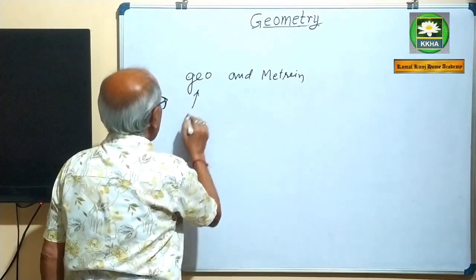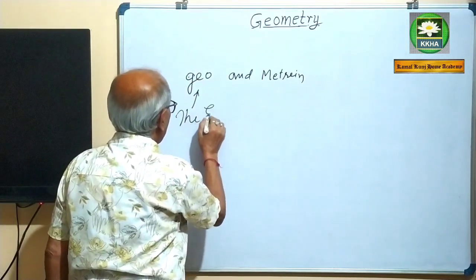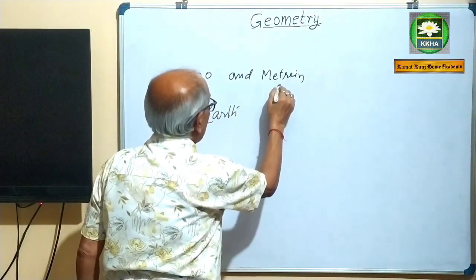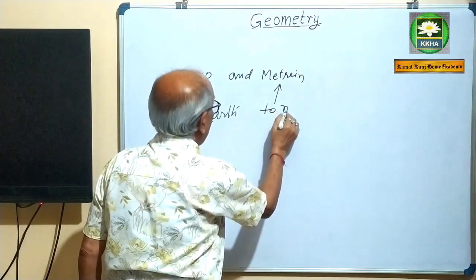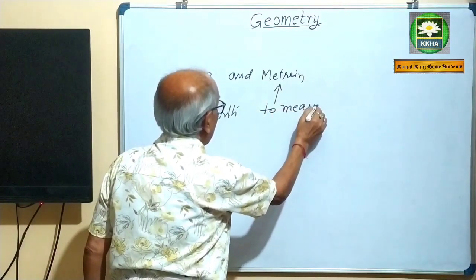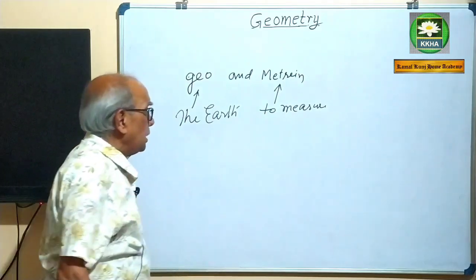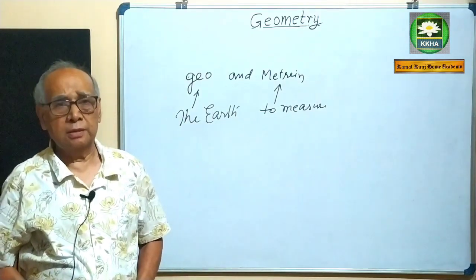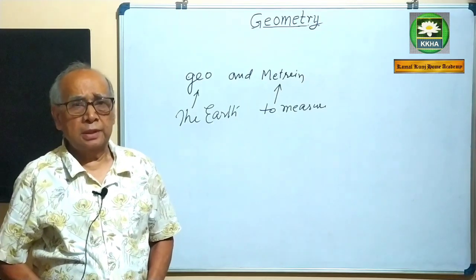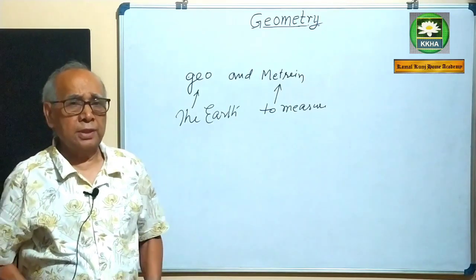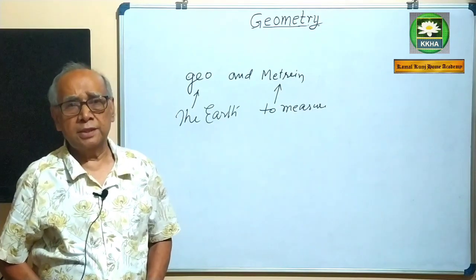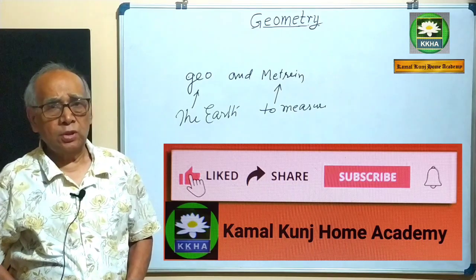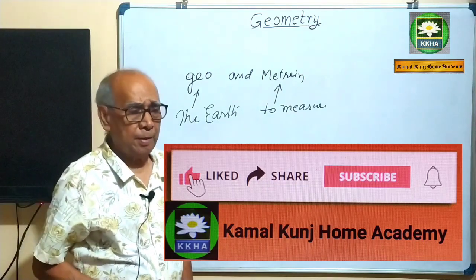Geo means the earth and metrin means to measure. So literally geometry means the measurement of earth. Now it deals with the study of points, lines, planes, space, polygons and circles, etc.